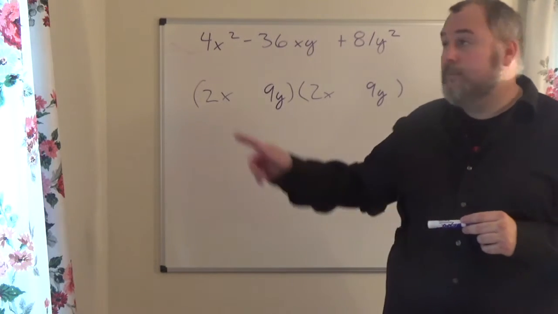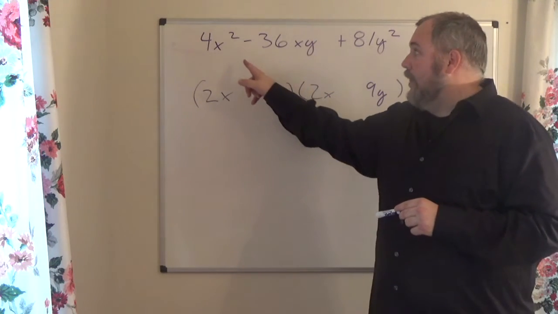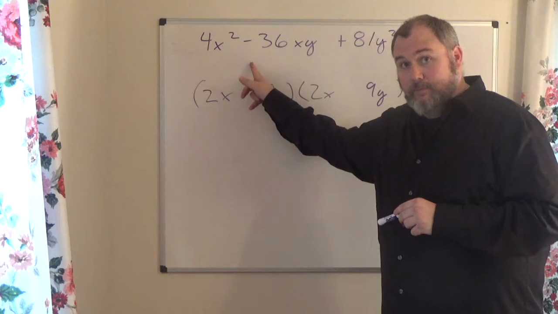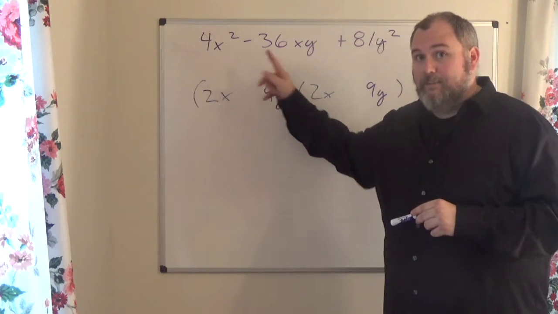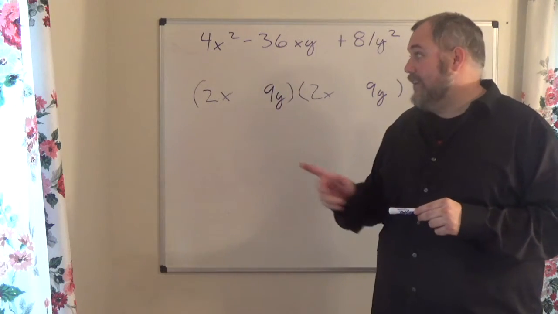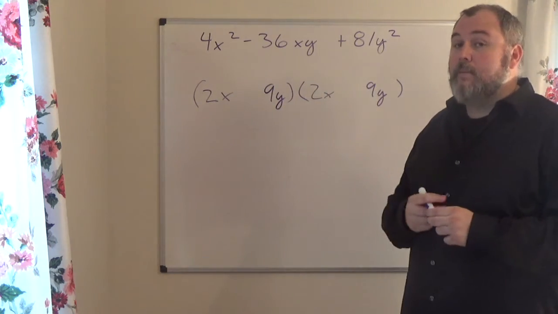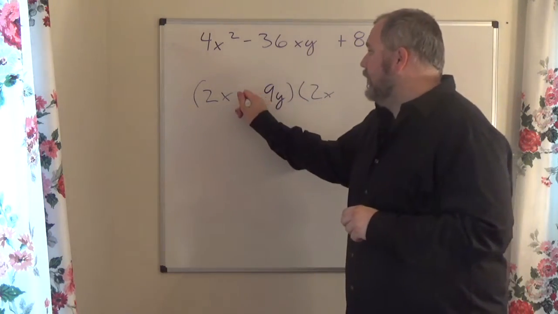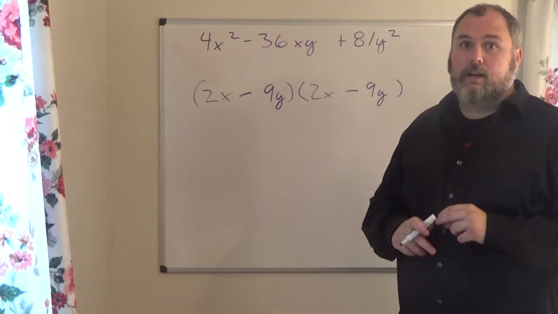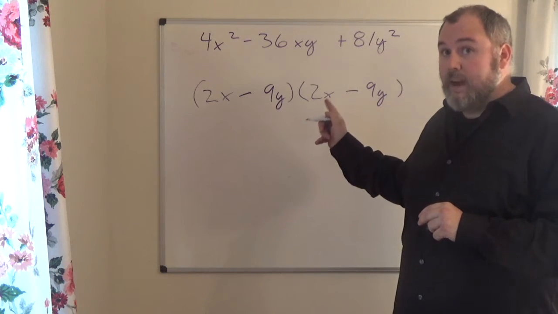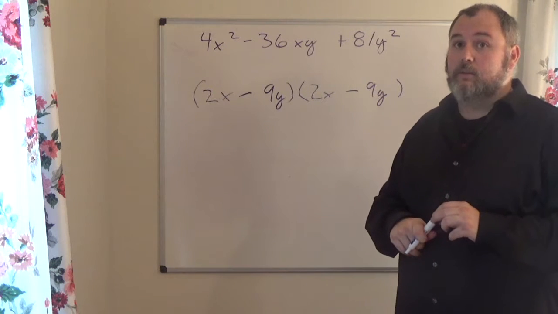In the square of sums, this middle term would have been a positive number, okay? Not a negative like it is. So what it's telling me is that this is going to probably be my square of differences. All right, so this is what we're probably going to use for our special product rule.